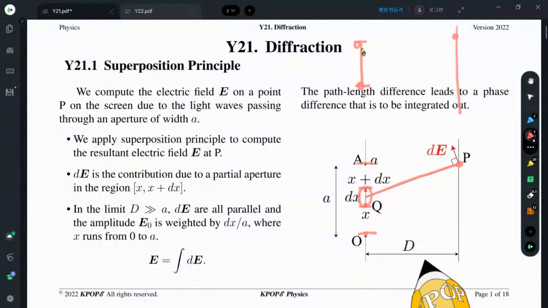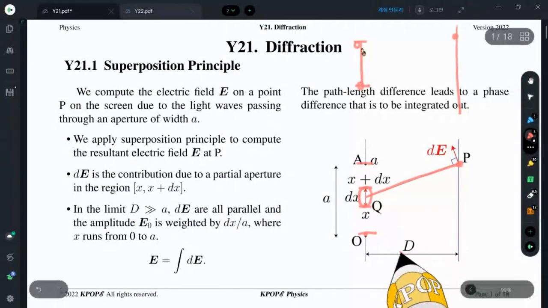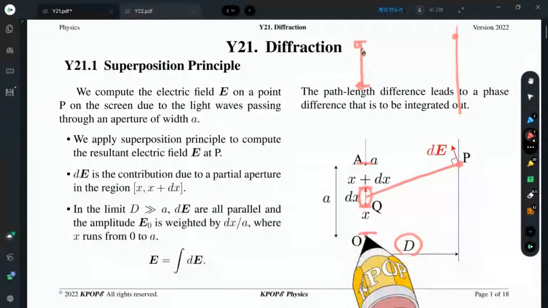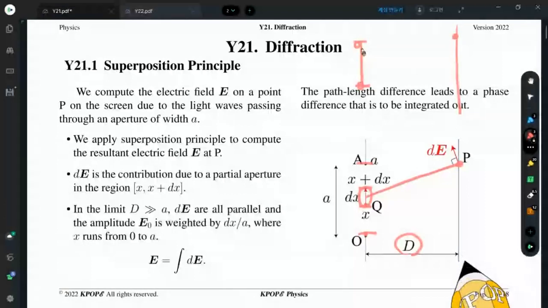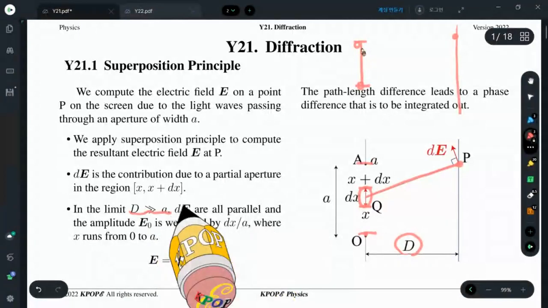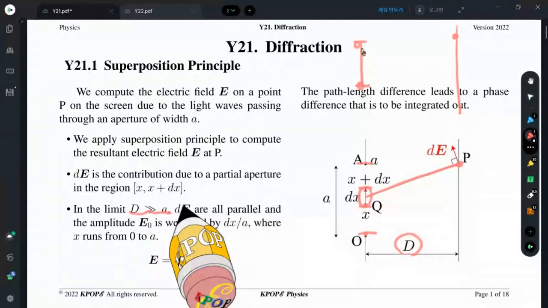This diagram is a kind of exaggeration. Actually, capital D, the distance between the aperture and the screen, is very large in comparison with the width a.